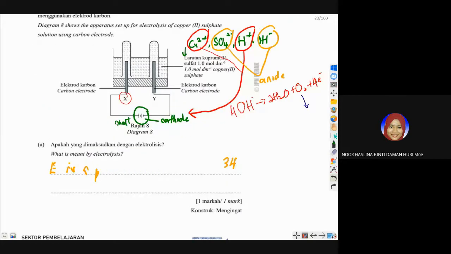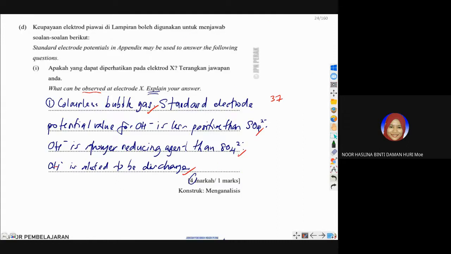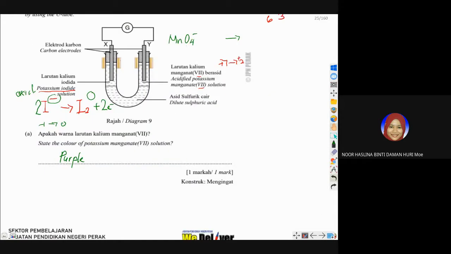Okay. So, awak nak buat kat mana? Buat pada gambar rajah atas line of... Okay, you kena buat dekat atas. Okay. So, you draw the line of flow. Okay, from X, buat macam ni, arrow.